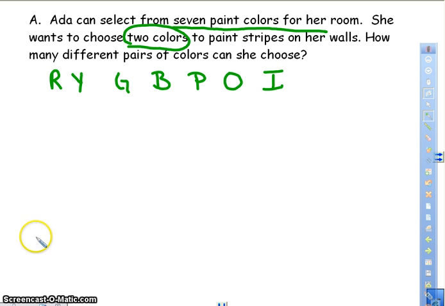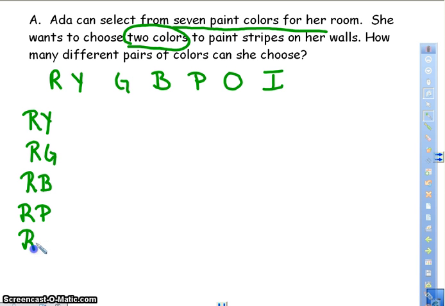So I don't have to have a different number or letter, you can just start picking them. I can have red and yellow. I'm not going to put yellow and red because that's the same thing. Red and green, red and blue, red and purple, red and orange, and red and indigo.